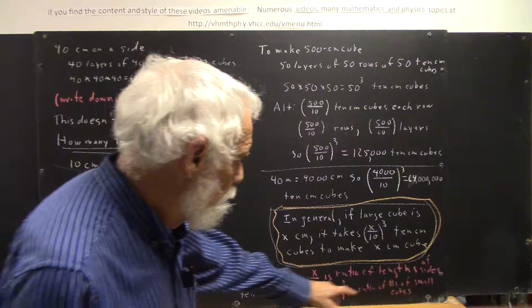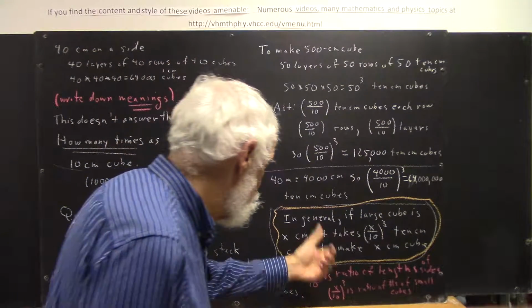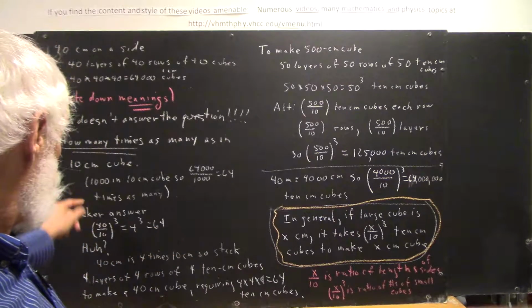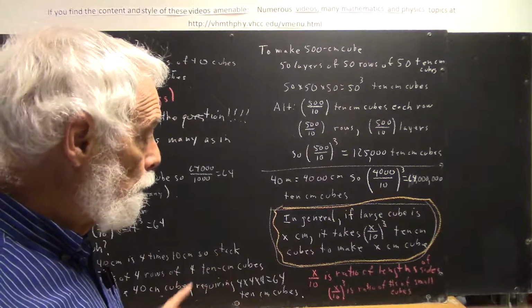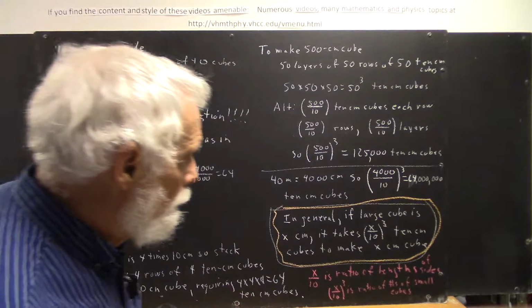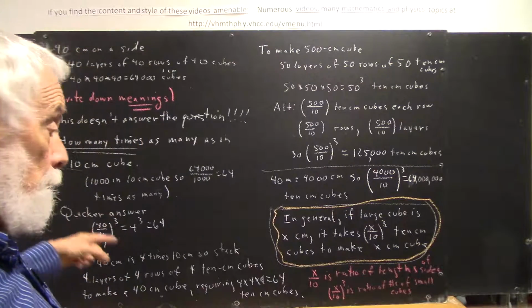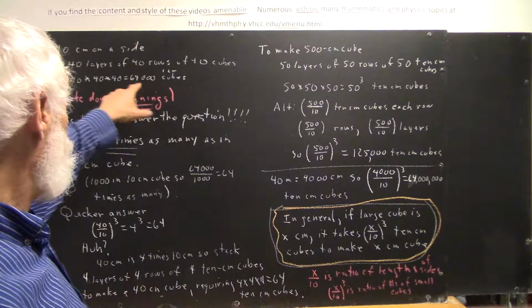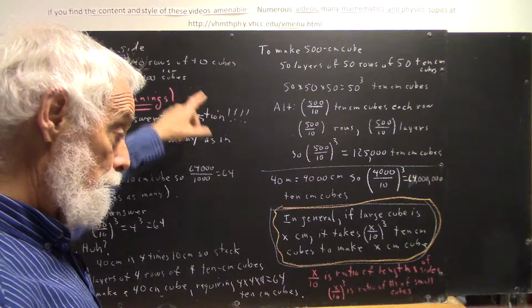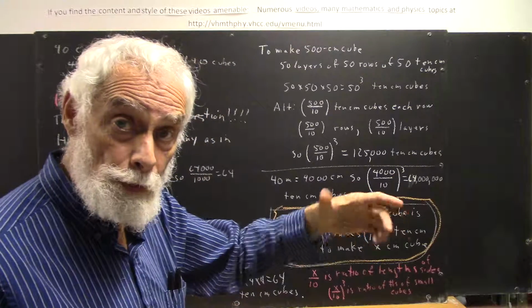Okay, and just to make sense of this statement here, if (x over 10) cubed is 64, as is the case with a 40 centimeter cube, then 64 is the ratio of how many small cubes we need in a 40 centimeter cube, which is 64,000, to the number in our 10 centimeter cube, which is 1,000.